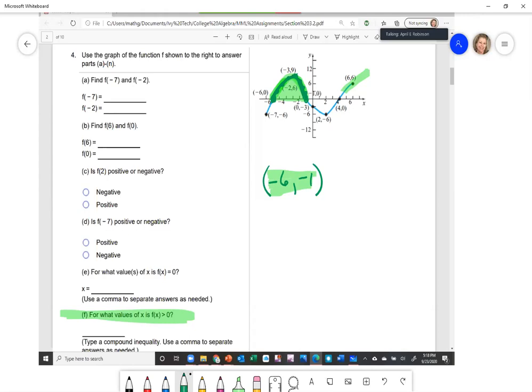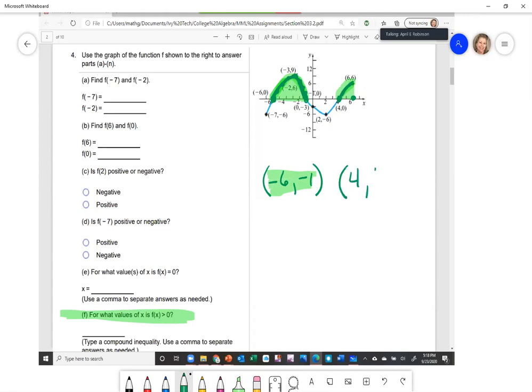Then you do the same thing with this interval here, just that little piece. It goes from 4 to 6, but you're really just looking at all the points on this chunk.